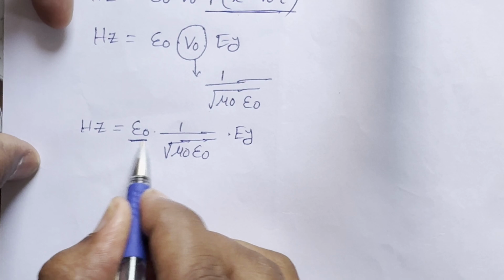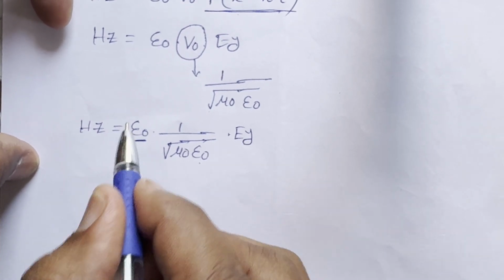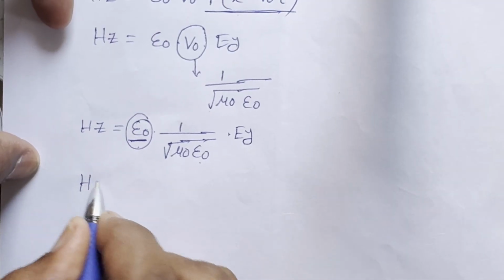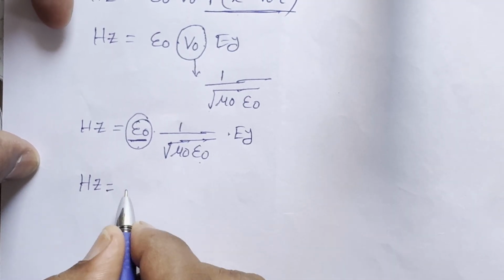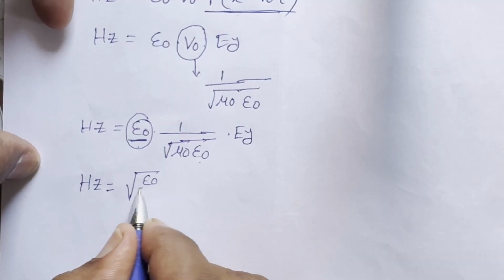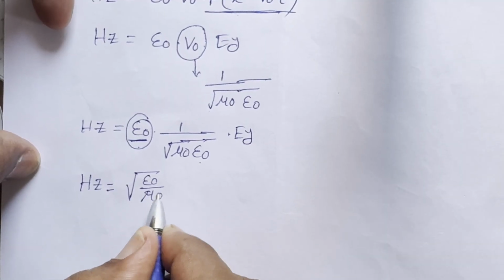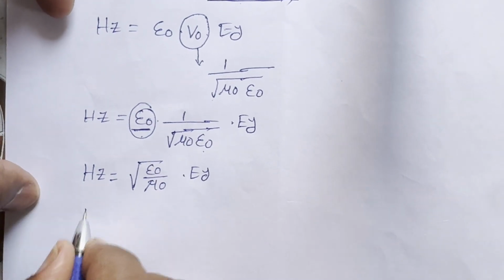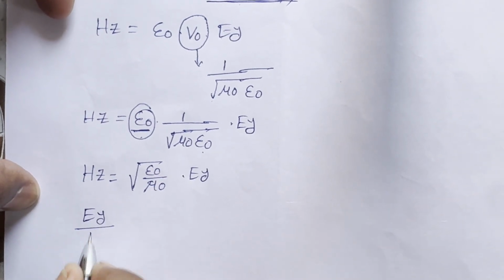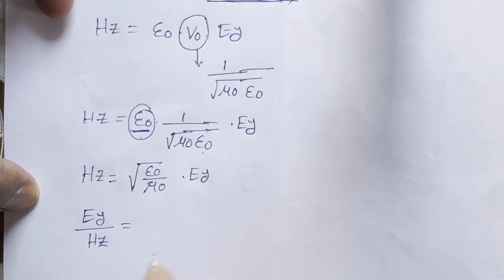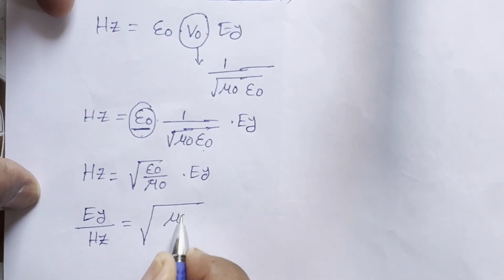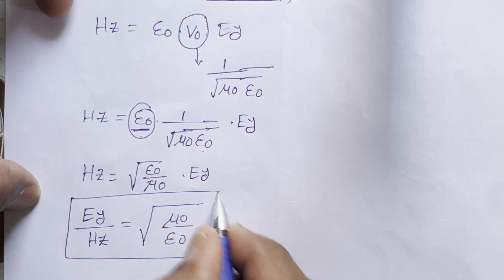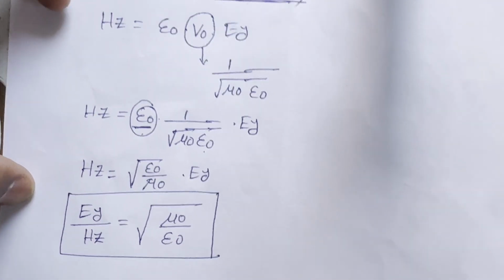Here the square root of ε₀ will be cancelled. Then Hz equals square root of ε₀ by μ₀ into Ey. Then finally Ey by Hz equals square root of μ₀ by ε₀. It is the relation between E and H.